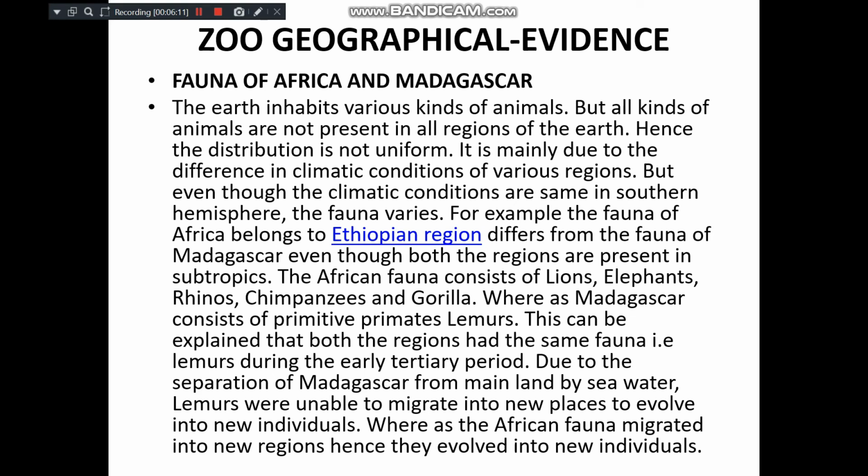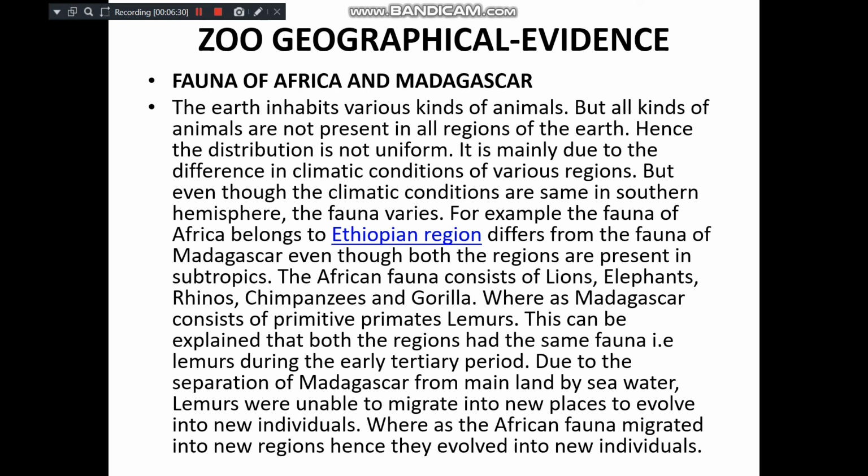To give an example, the fauna of Africa belongs to the Ethiopian region, and that differs from the fauna of Madagascar. But Madagascar and Africa are in the same subtropics.